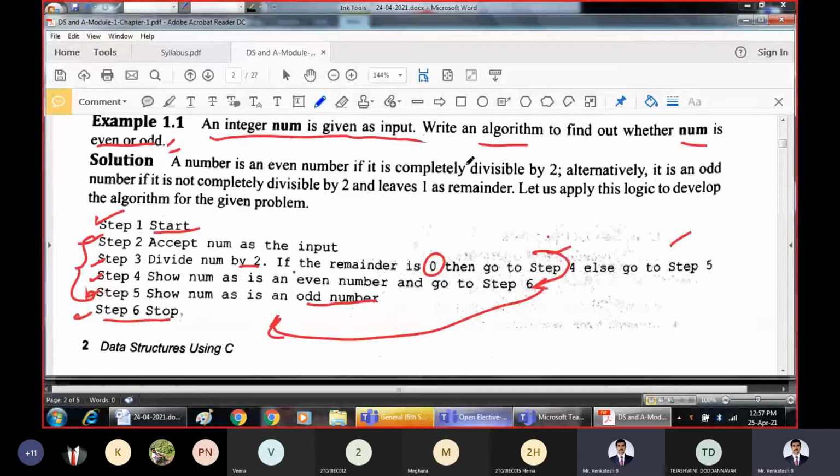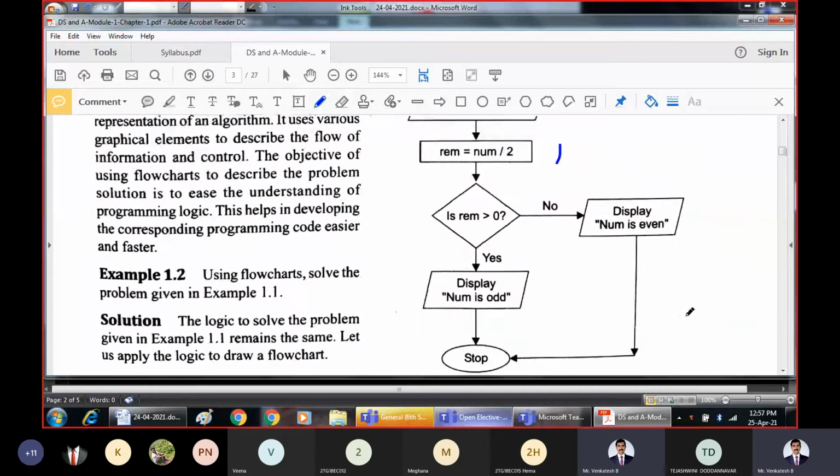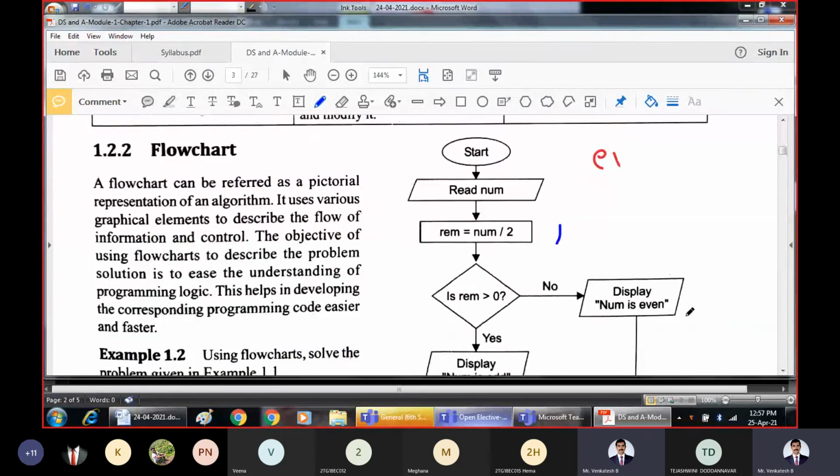See, this was the algorithm we studied for finding whether a number is even or odd. To understand this algorithm, you may have to read it, which may be time consuming, and you may not feel comfortable understanding this step by step procedure. But if it is given as a diagram, it is easier, because it is said that an image can say 1,000 words.